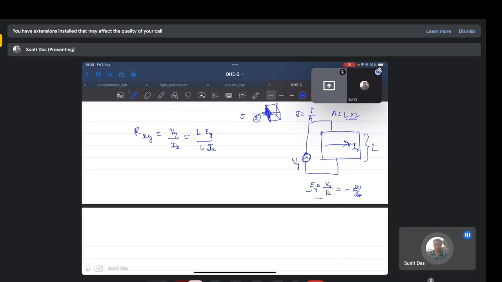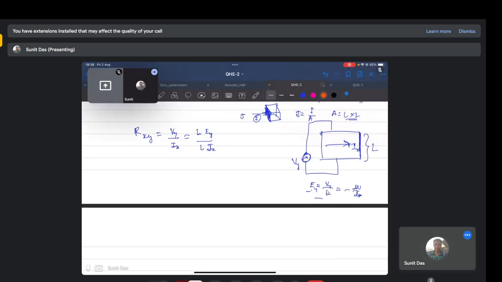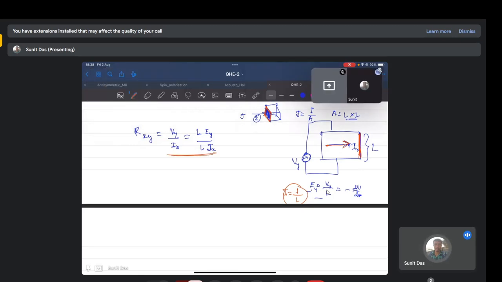But for a 2D case, the sample only has this length dimension. So once I send the current, or let's say the current density is developed, current density means the current per unit length, this length, right? In the 3D case, the boundary was an area, but here the boundary is just a length. So that's why current density is the current per unit length in the 2D case. So that's why Ix equals Lx times Jx.